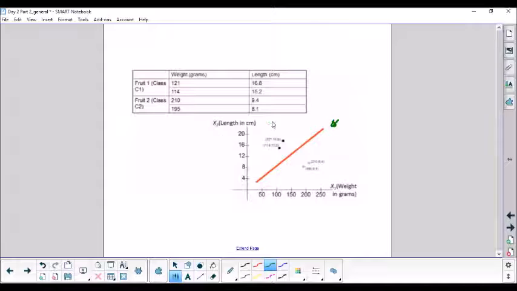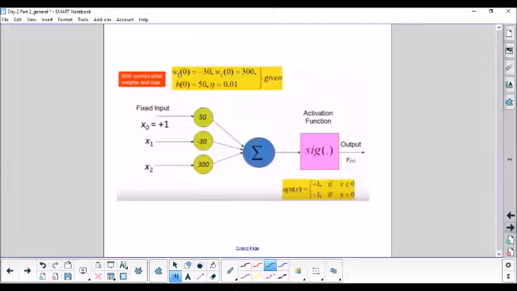So this part is a banana. Then this other part, you can think of as apple. If it's linear regression, one perceptron is enough to figure out the model.